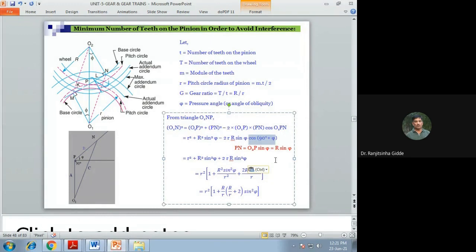That is nothing but minus sin phi. So with this minus sin phi, minus times minus becomes plus, and here we get plus 2 r R sin square phi.